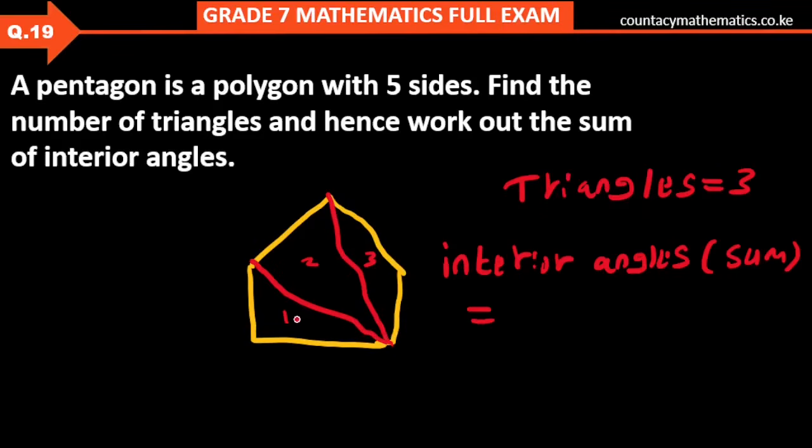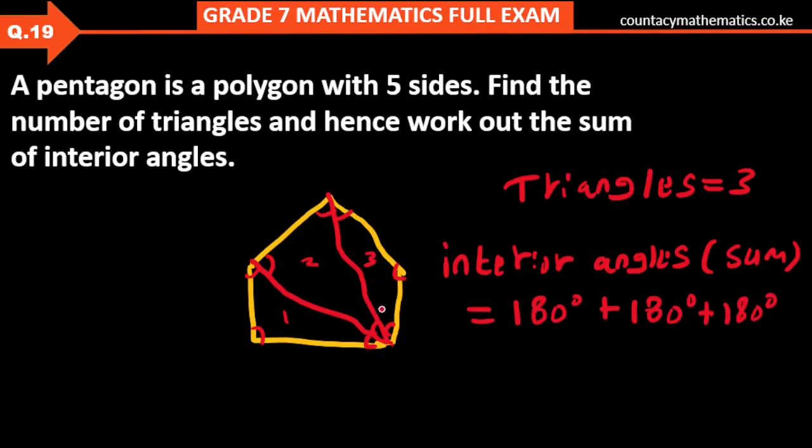Therefore, what you're supposed to know is the sum of angles in a triangle, because if we add this angle and this angle and this angle, this is going to give us 180 degrees. We go ahead, we have this angle and this angle and this angle. All these 3 angles are going to give us 180 because they are inside one triangle. And finally, we have this angle and this angle and this angle. If we add that, it is going to give us 180.